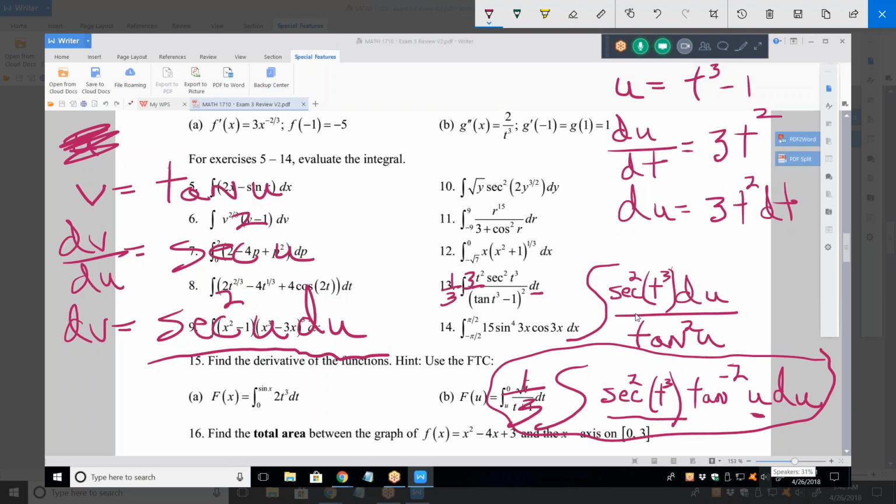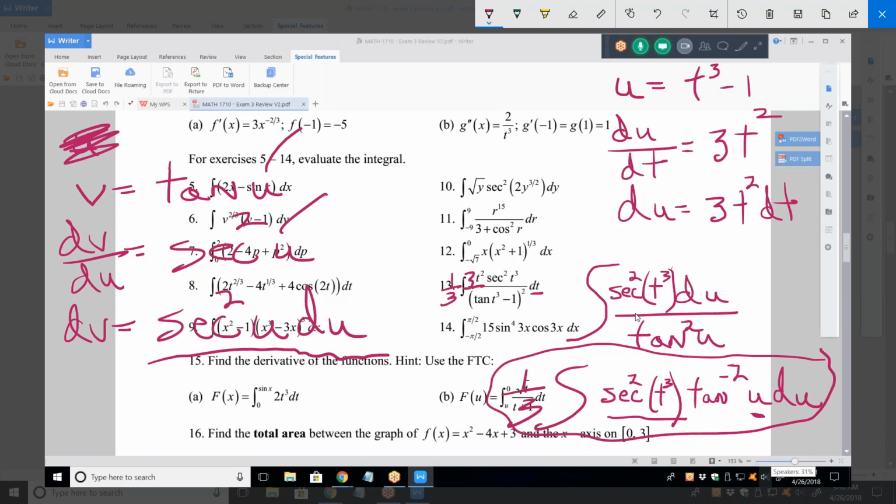Now hold on, you might be onto something here. In other words, if I made u t cubed minus 1, that's secant of t cubed minus 1. We're not looking at that. We're looking at secant of t cubed. So I don't think I can make u equal t cubed minus 1.